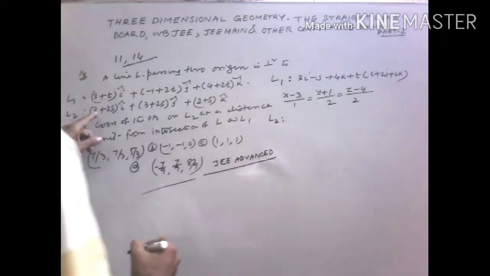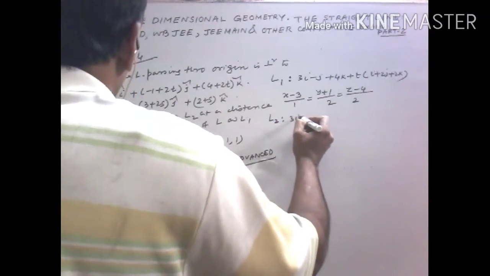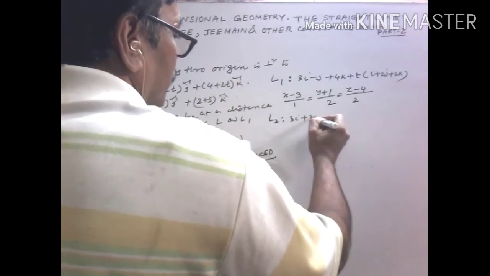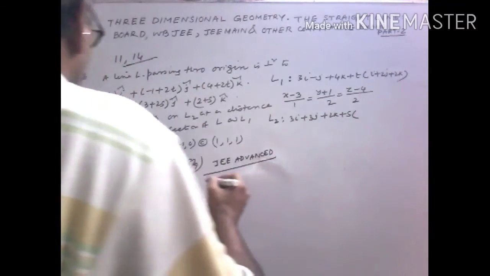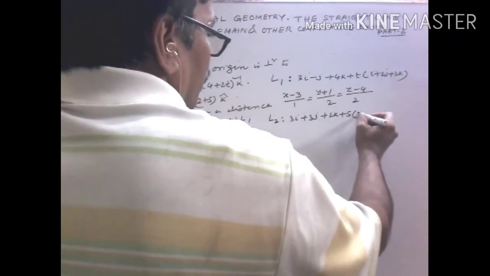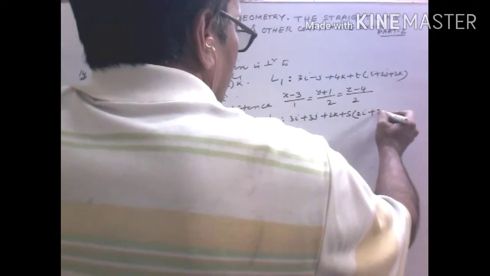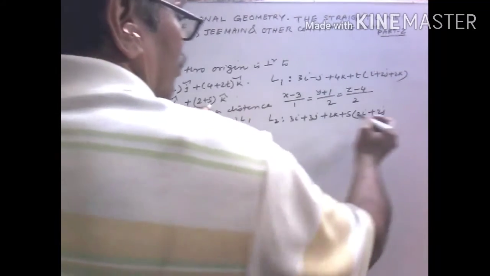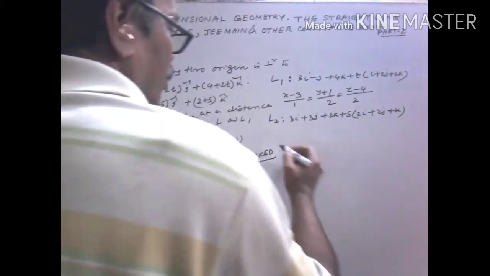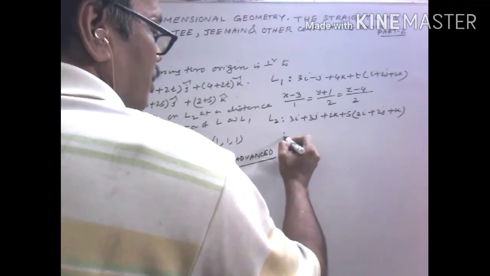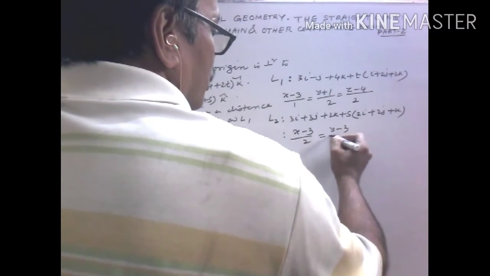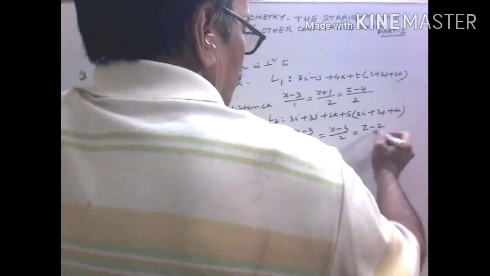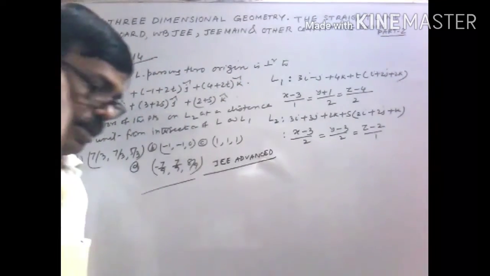L2 is 3i plus 3j plus 2k plus s into 2i plus 2j plus k. In Cartesian form, x minus 3 by 2, y minus 3 by 2, z minus 2 by 1.